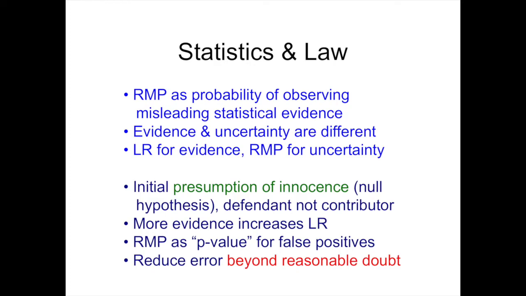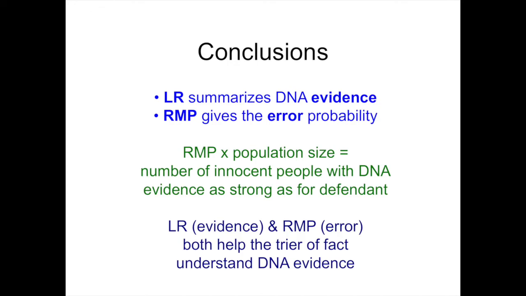So in conclusion, the likelihood ratio summarizes DNA evidence. This generalized random match probability, which is for all extreme genotypes that exceed the defendant's LR, or a tail probability, gives an error probability.